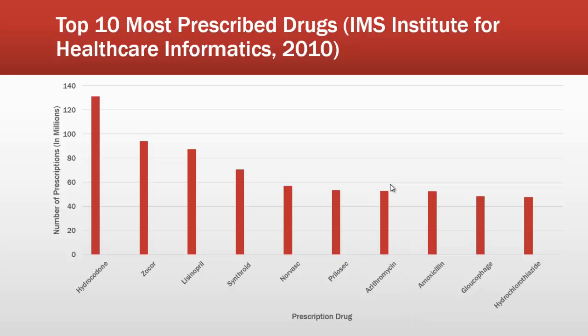But you'll notice that the y-axis is the number of prescriptions in millions, and these are just the 10 most prescribed drugs. So a huge amount of drug prescriptions are going on. If you're working as an MFT, you are absolutely going to come in contact with it a lot, and if you're not, you're still going to come in contact with it quite a bit.